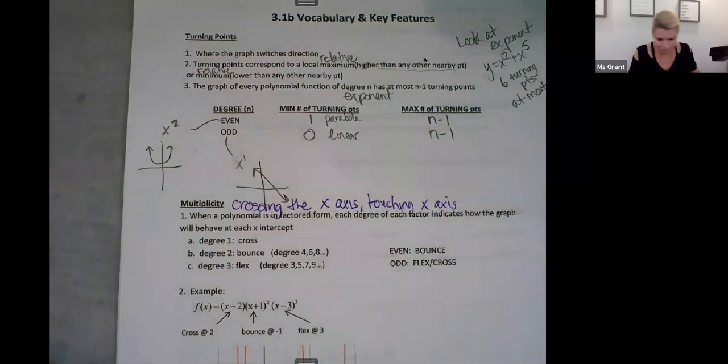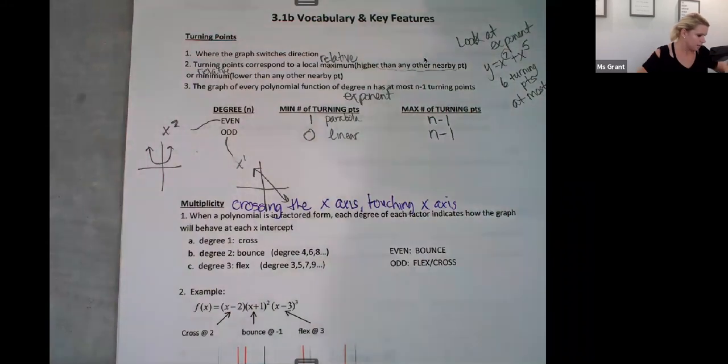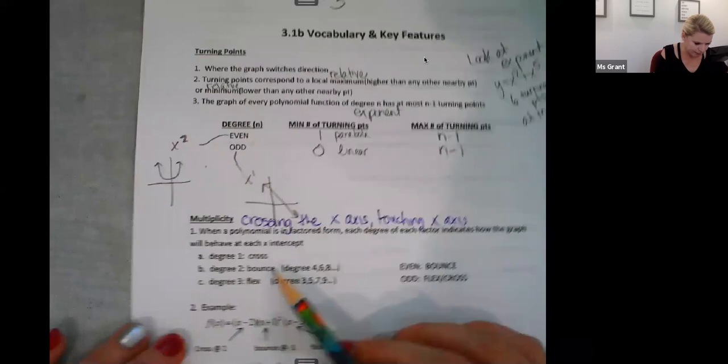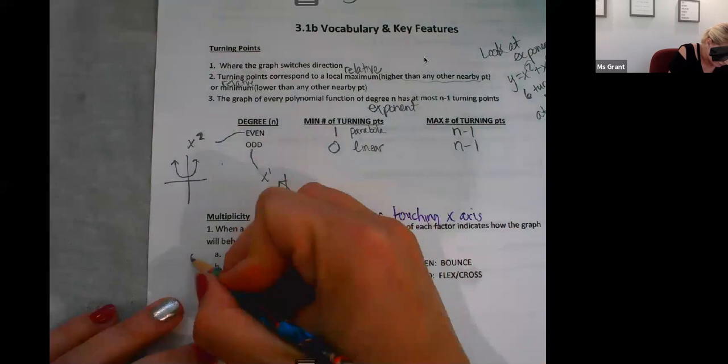Okay, so check this out. If it has a degree of 1, okay, that's an odd degree, right?